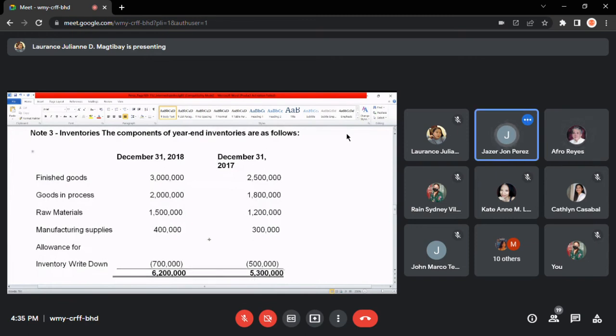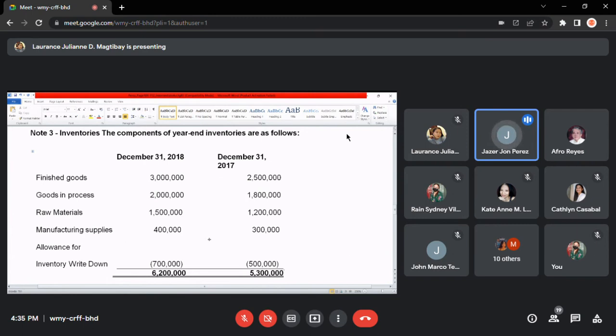And for Note number 3, inventories, the components of year-end inventories are as follows. The column for December 31, 2018, you can see the items or the inventories which are finished goods that cost 3 million, goods in process 2 million, raw materials 1,500,000, manufacturing supplies 400,000, allowance for inventory write-down 700,000.